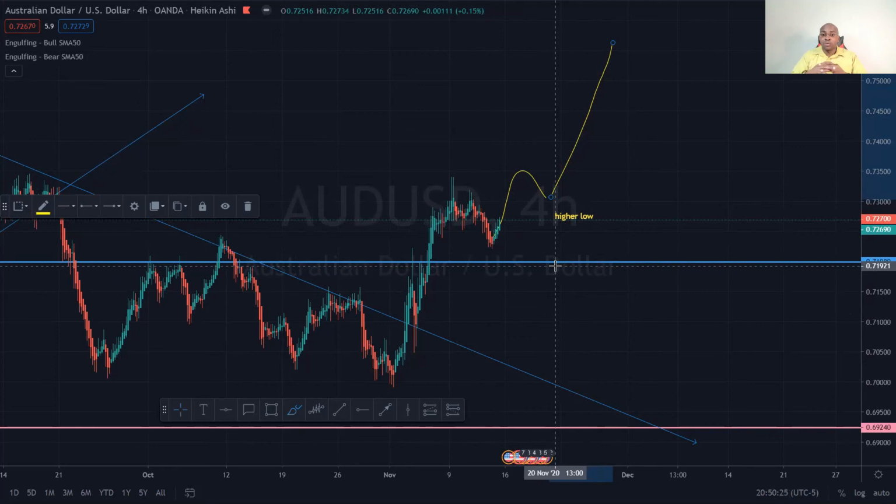Simple as that. So guys, you got to always remember, if price does not do what you want it to do, don't enter the trade. Let the market come to you, right? You cannot just jump into a trade like this, right? You have to wait for it to retrace, stop, see what price is doing, then you enter.